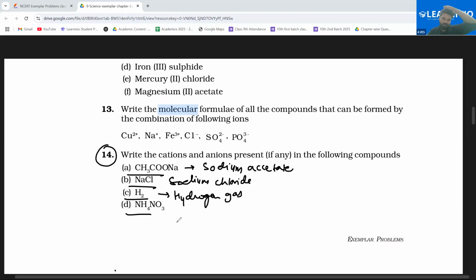This one is ammonium nitrate. Have you calculated the mass of all of these? Yes, sir. What's the mass? 82, sodium acetate. And sodium chloride, 58.5. This one, 80.